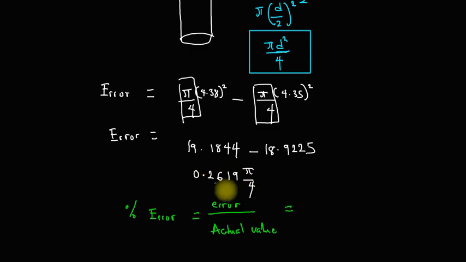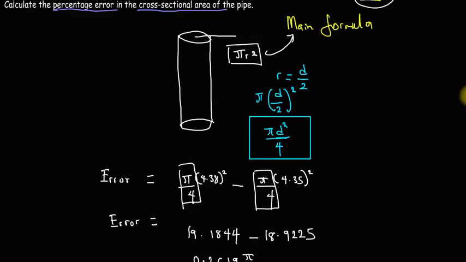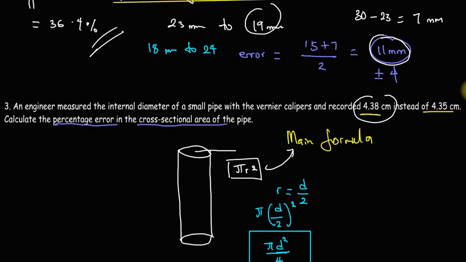The error which we have here, we're going to use it: 0.2619 pi over 4 all over the actual value. What is the actual value? This is the actual value. How do I know that that's the actual value? I know this because they said we recorded 4.38 cm instead of 4.35.